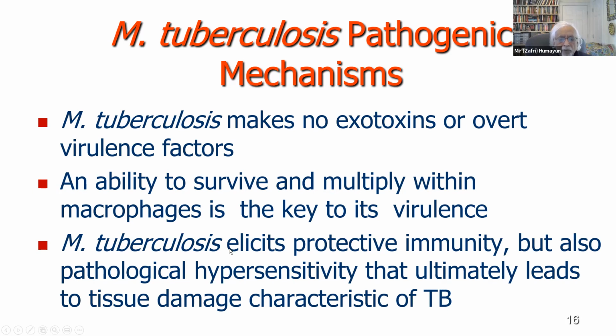Mycobacterium tuberculosis can elicit protective immunity, that is adaptive immunity, but it also provokes pathological hypersensitivity that ultimately leads to tissue damage that is characteristic of TB. That is, MTB kills by turning the immune system against the host.